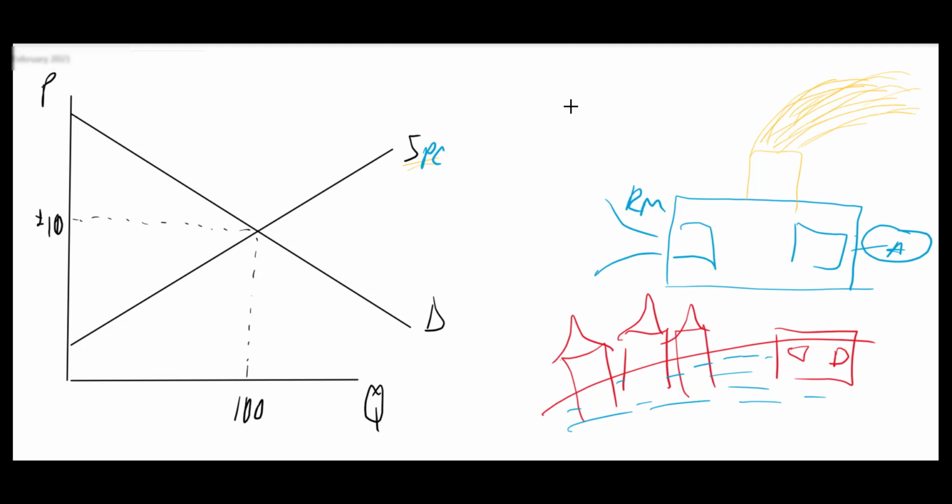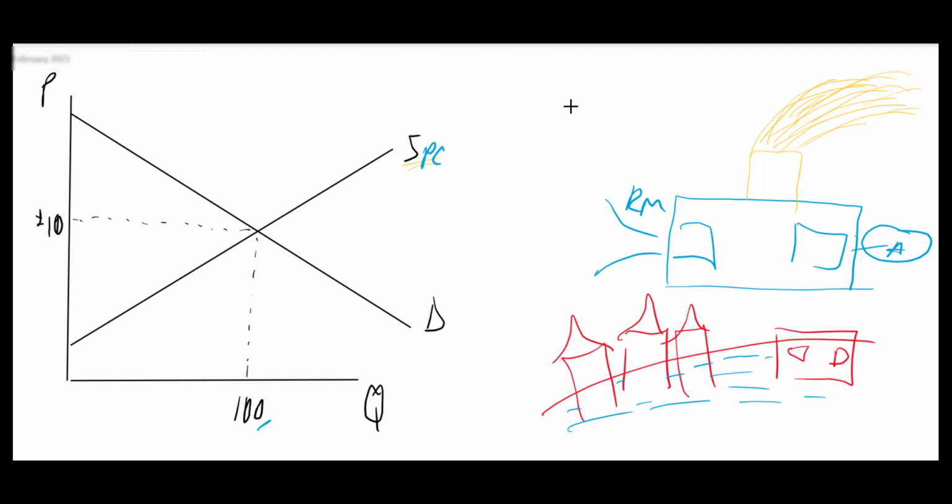It doesn't take it into account in its calculation of the private costs of aluminium production. As such, the market equilibrium here is a private market equilibrium and is not socially optimal. The quantity produced is not the socially optimal quantity.